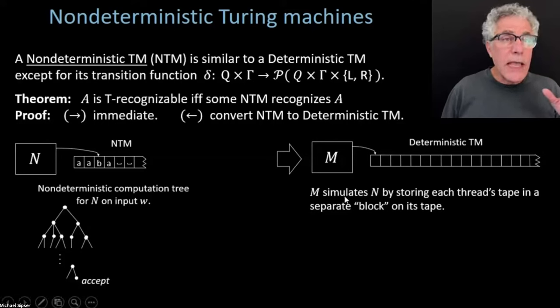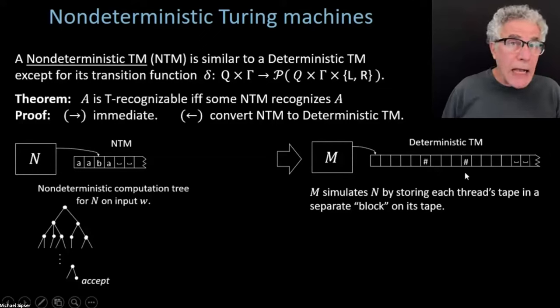So M is going to simulate N, a little bit similar to the previous simulation. It's going to break the tape up into blocks, and it's going to store in each block a different thread at a particular point in time of N's computation.